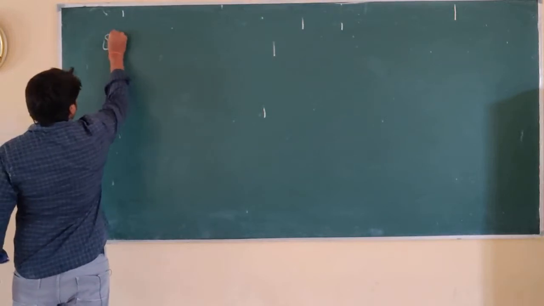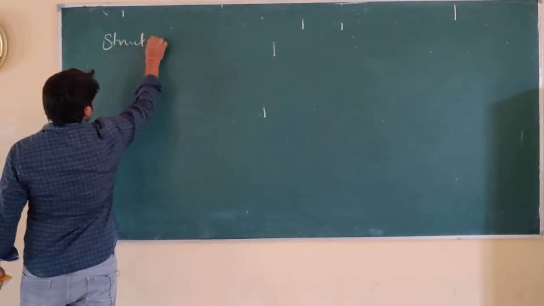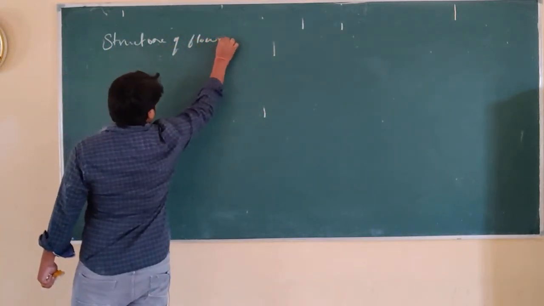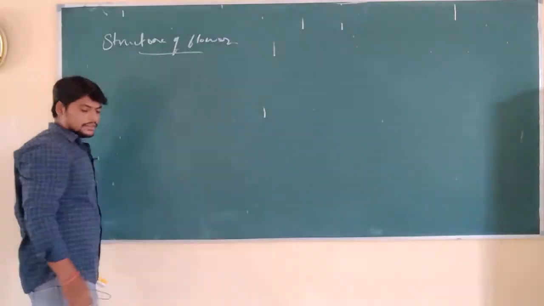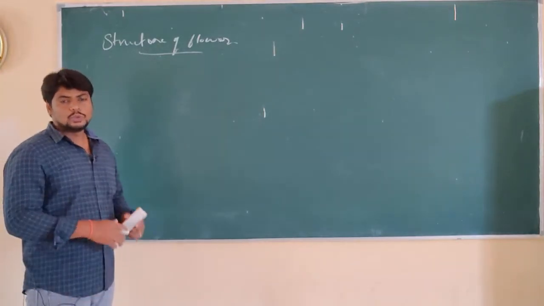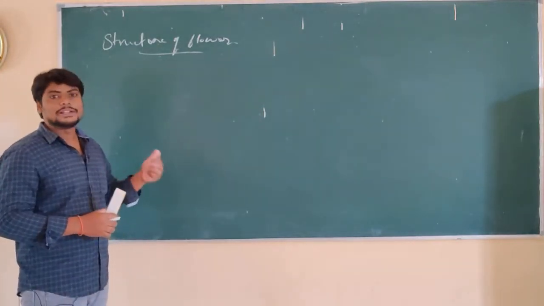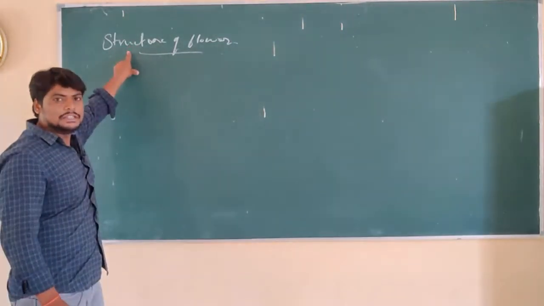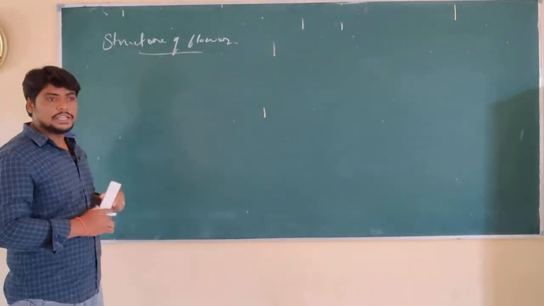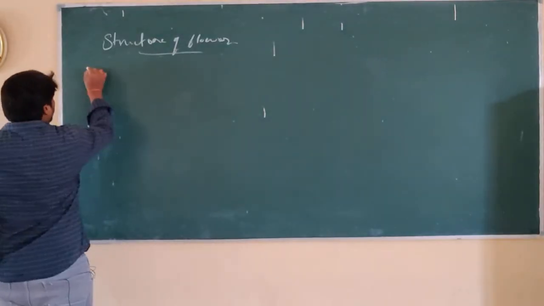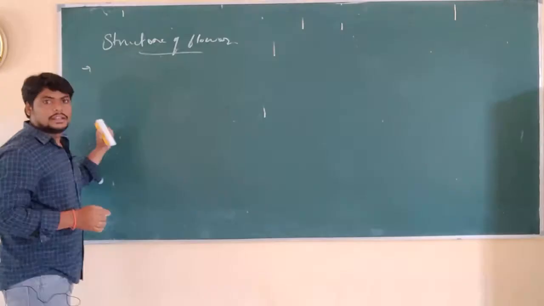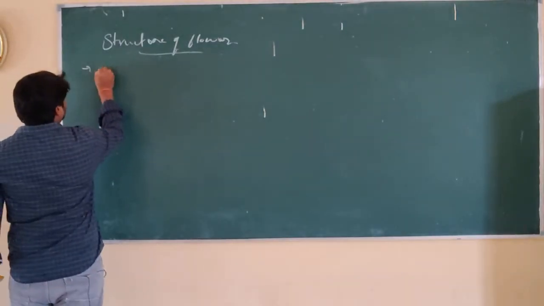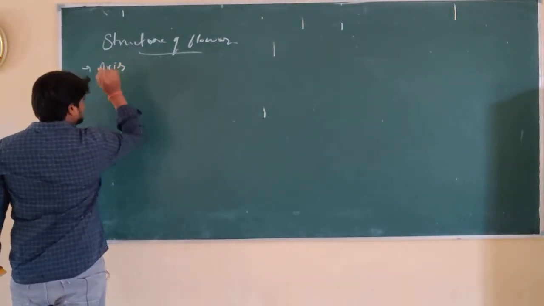If you observe the structure of the flower, under the structure of the flower we have to know about the different parts of the flower. That is what we are going to discuss. As we have seen, the flower has one axis.